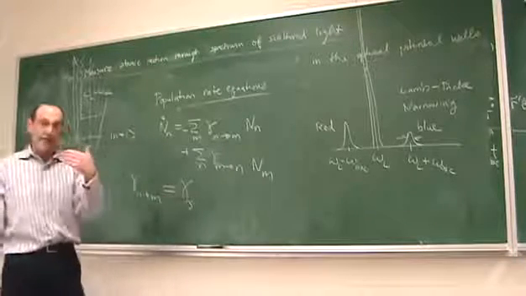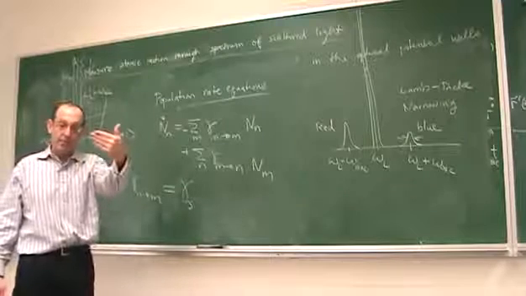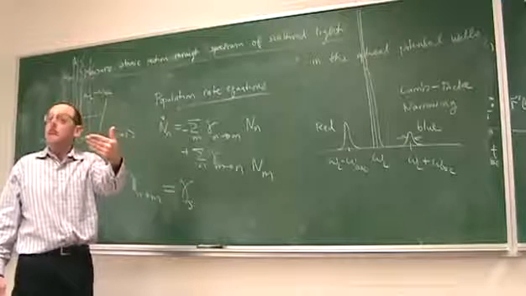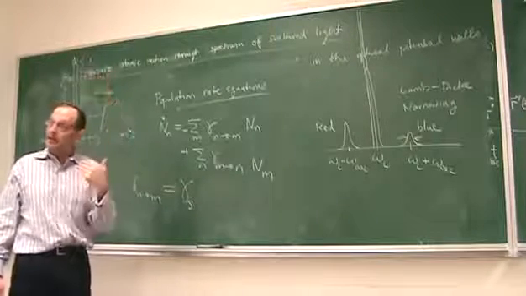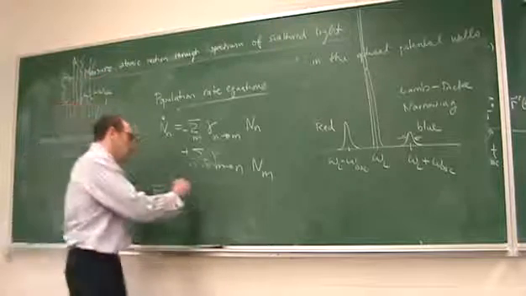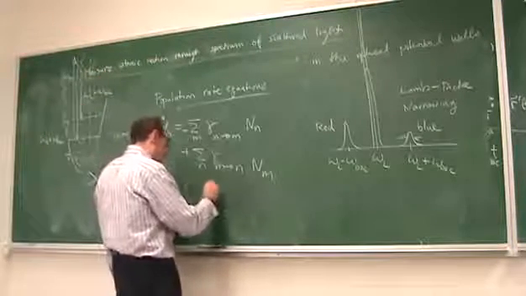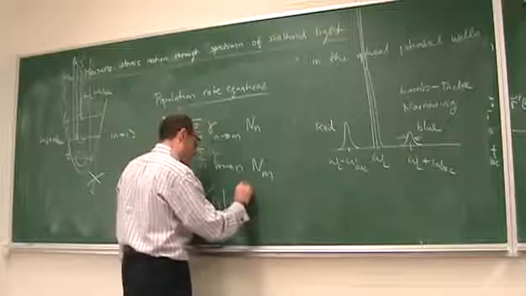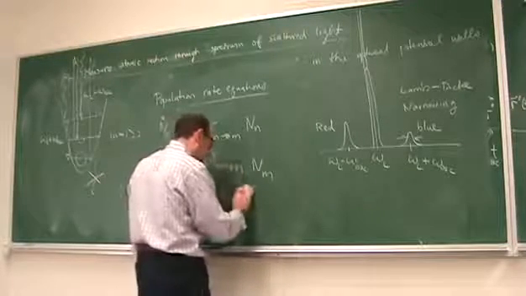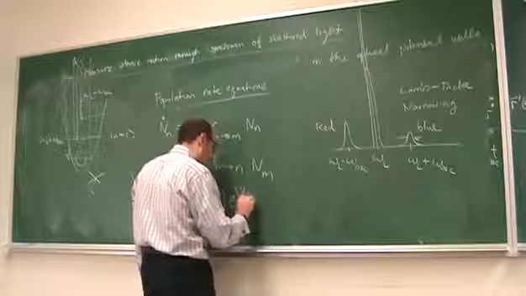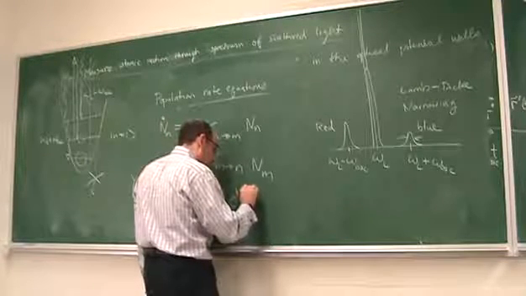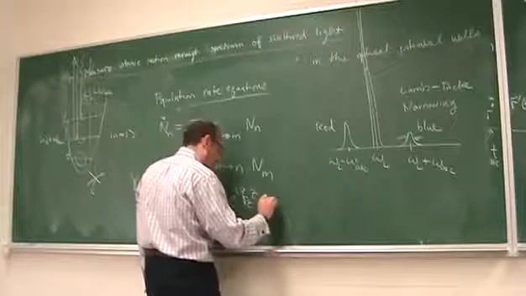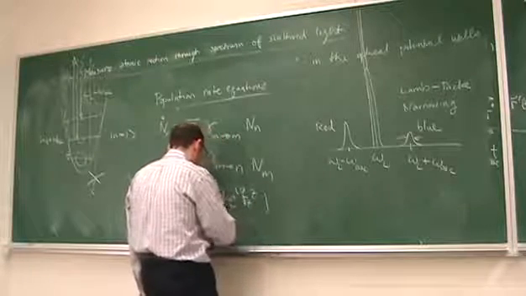We have to take into account the fact that the atom absorbs a momentum, goes up to the excited state, and emits. So there is an additional term. In this case, I'm only looking at the z component. Everything separates into the different directions separately.